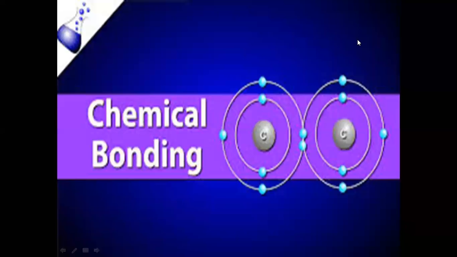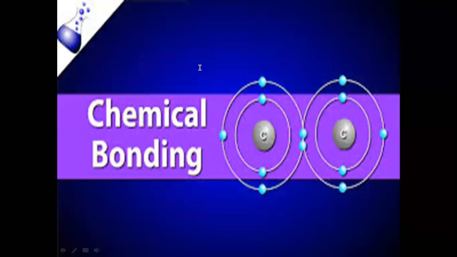The next one is chemical bonding. We already know that atoms are the building blocks of matter. We know that flour is held together by a thread. Correct? Also, the atoms are held together by a bond.